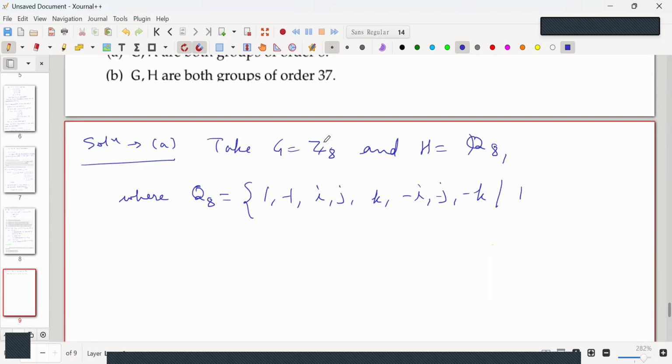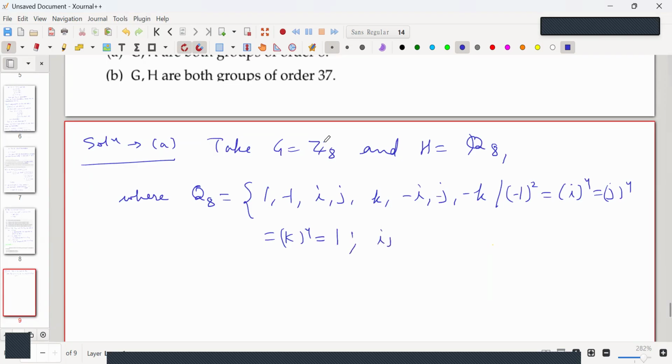This is the identity, this is minus the identity, and i squared, j squared, k squared equal minus one.